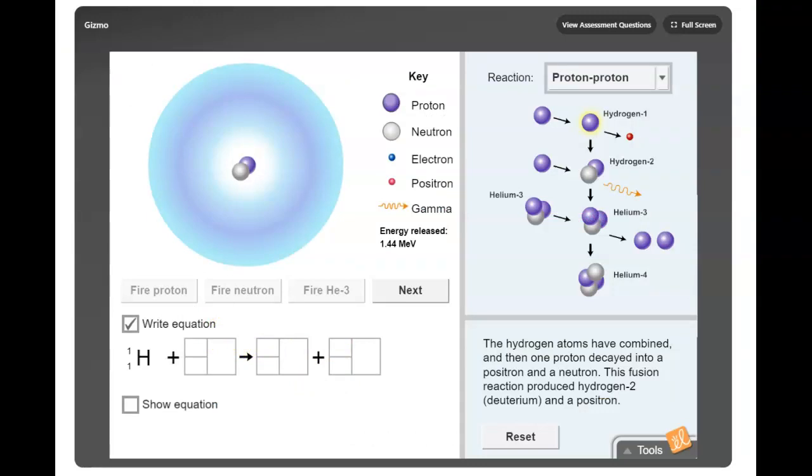So that means our equation, we've added to it, because we've added a proton, 1/1 H. So this is just like an equation. There's our equal sign. So we have 1/1 H equals something.